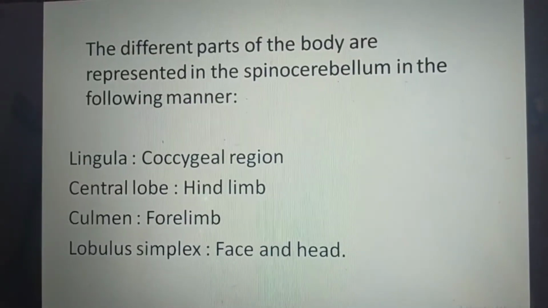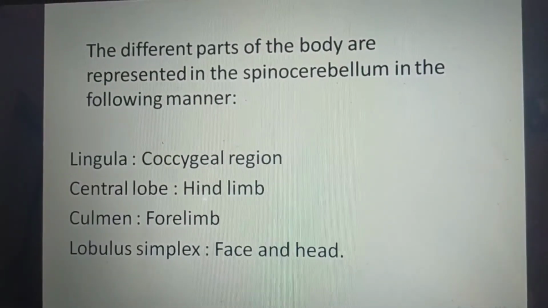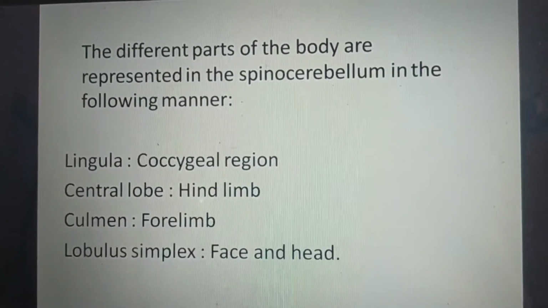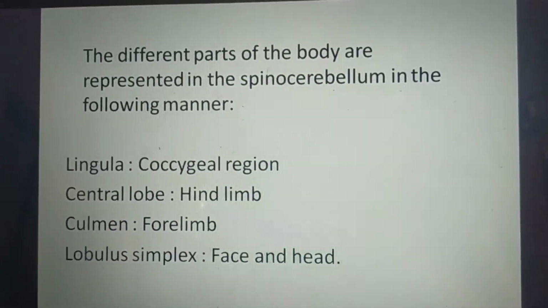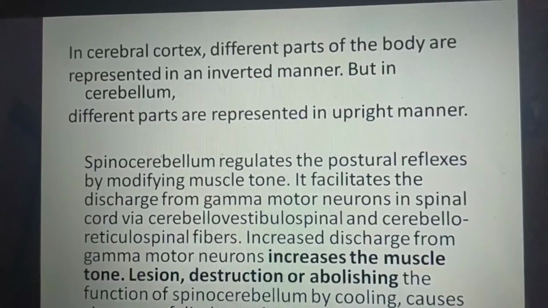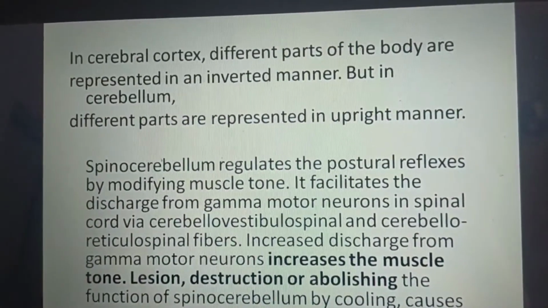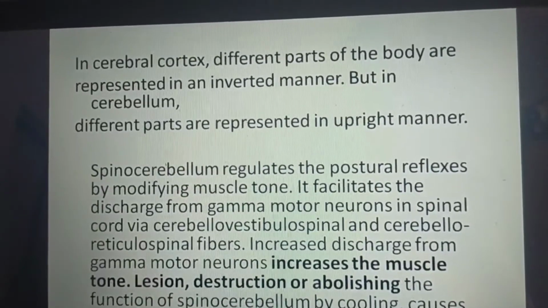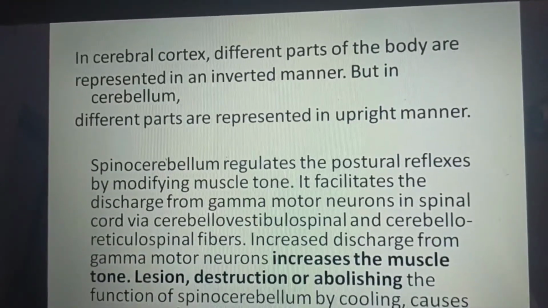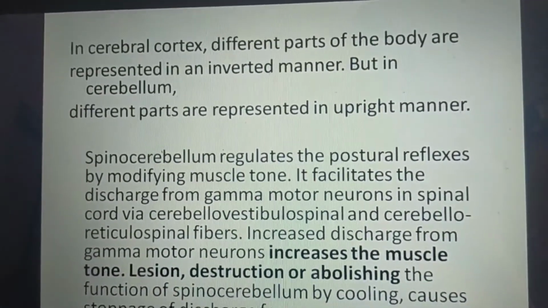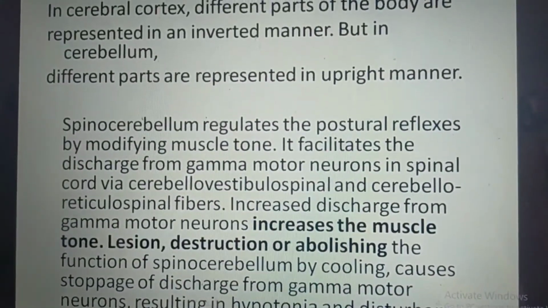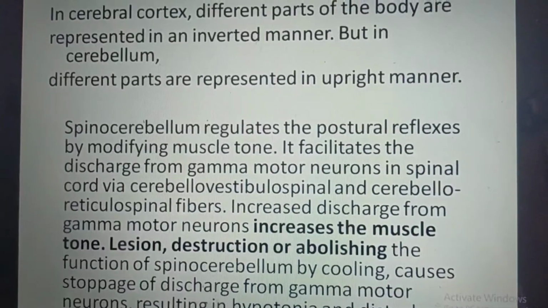Lingula as coccygeal region, central lobe, hind limb, culmen, forelimb, lobulus simplex, face and head. In cerebral cortex, different parts of body are represented in an inverted manner, but in cerebellum, different parts are represented in upright manner.